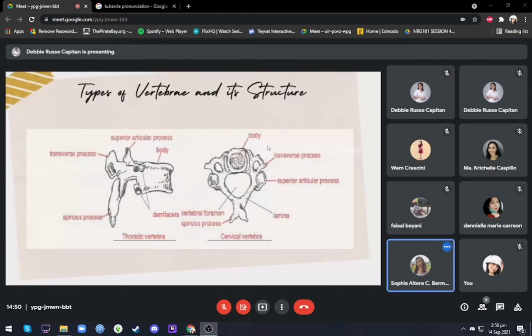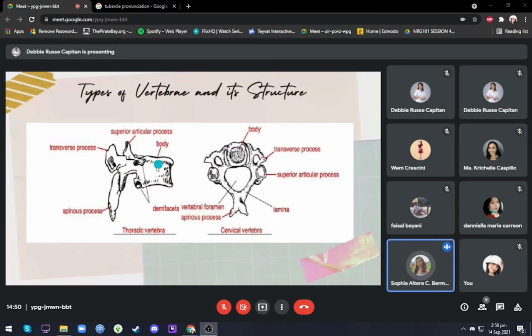Moving on to the types of vertebrae and their structure. That is the body, as you can see, and this is the superior articular process. This is the transverse process, and this is the spinous process.